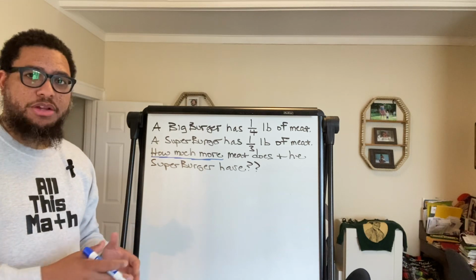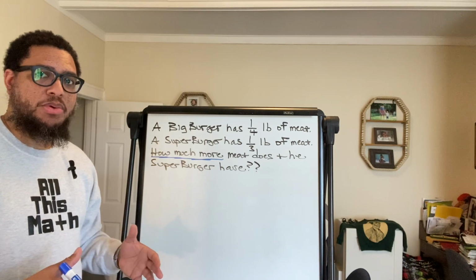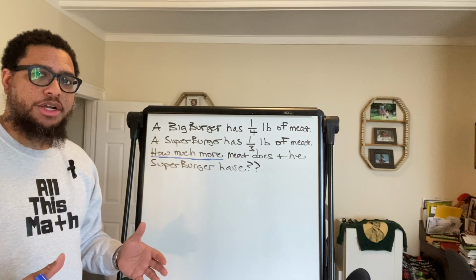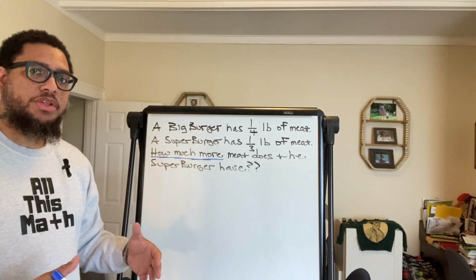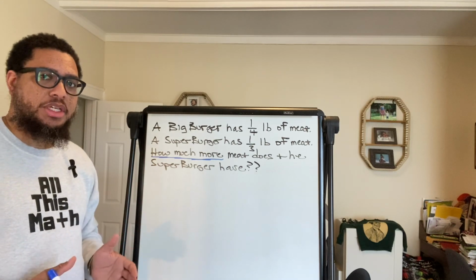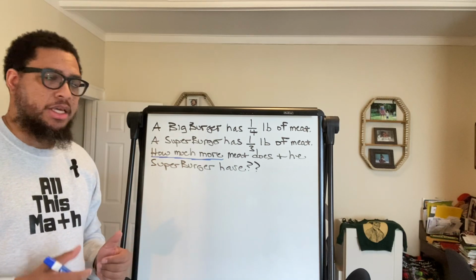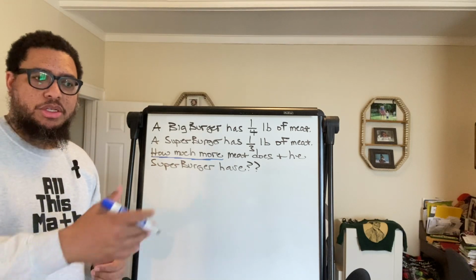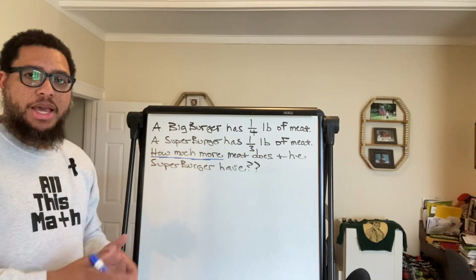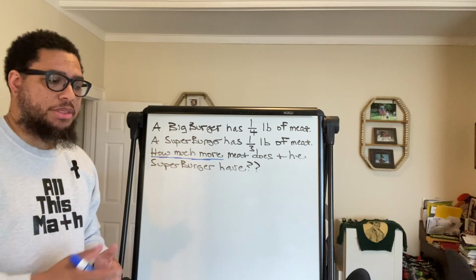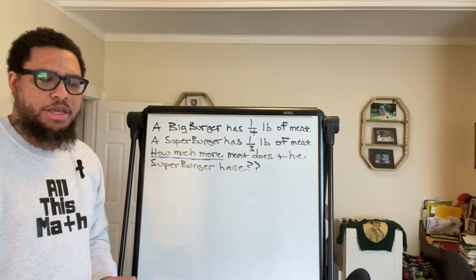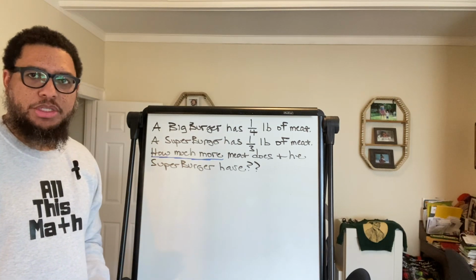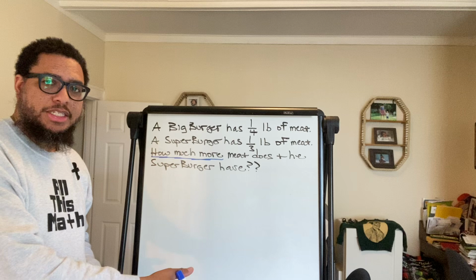That's why when you share things with more people, which is cool, we should share, the more people you share with, the less you're going to have individually for yourself. Just imagine in elementary school, your teacher orders a large pizza. It was already cut into 8 slices. But then, like a small child, in kindergarten or first grade, you don't need that much pizza, so they may cut each slice in half.